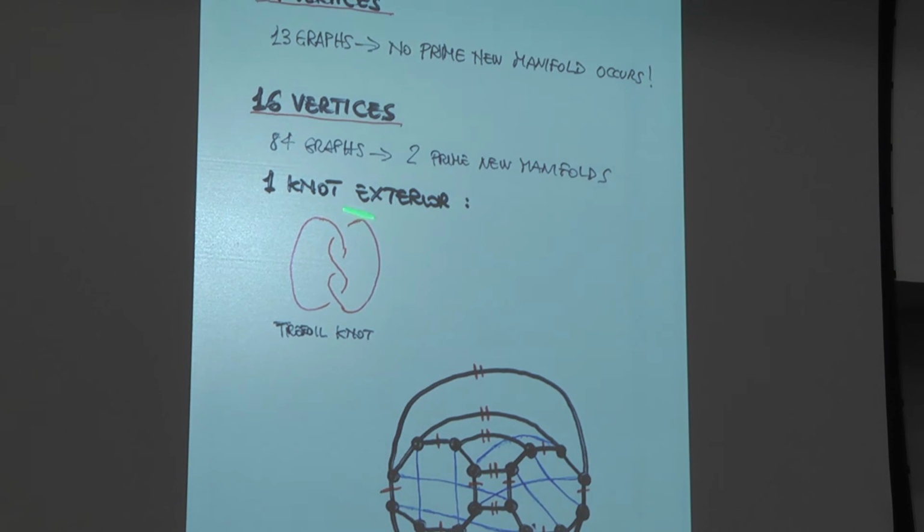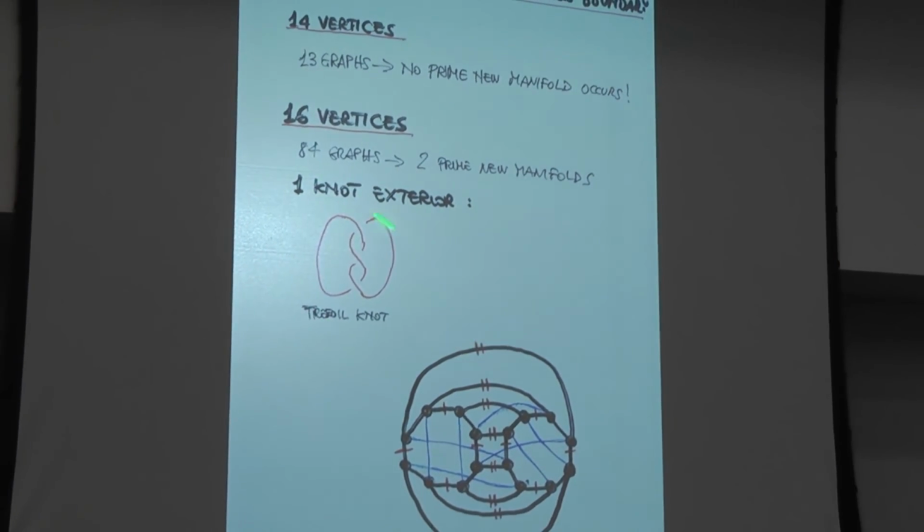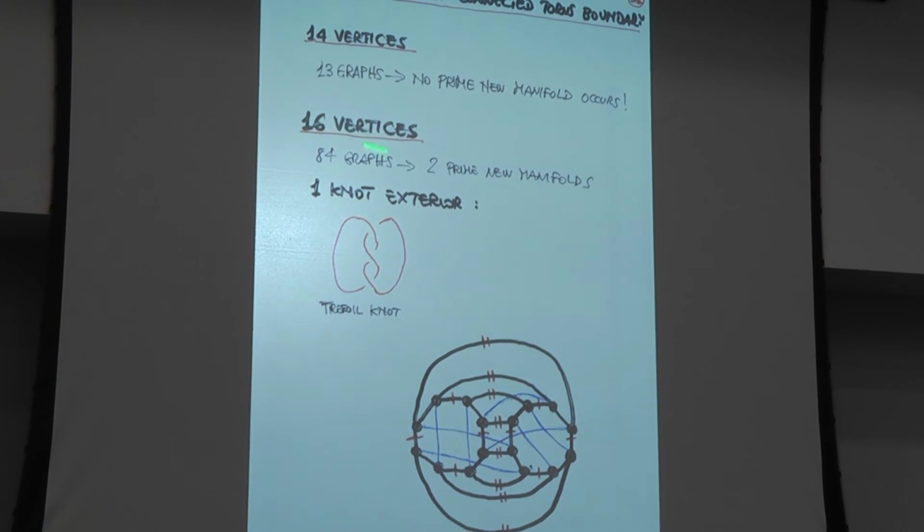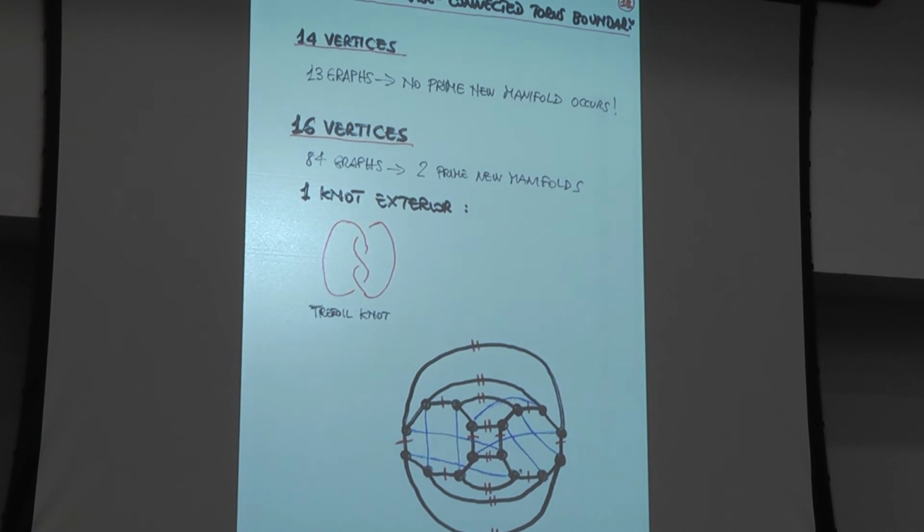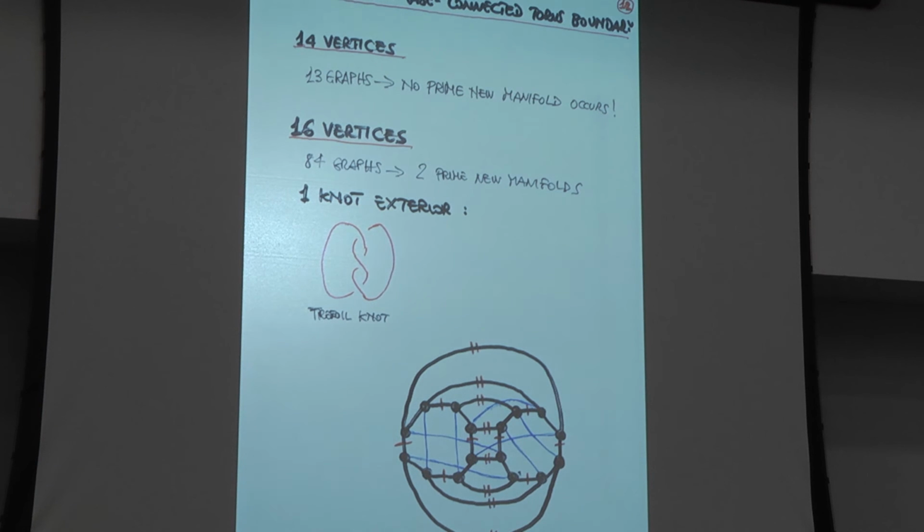Okay, and so we get the first non-trivial knot only with 16 vertices. So a lot of links, but the knot appears only with 16 vertices. There are some algorithms which, given a diagram of a knot or link in S3, give directly the graph, but these algorithms give graphs which are not minimal, with a lot of vertices.